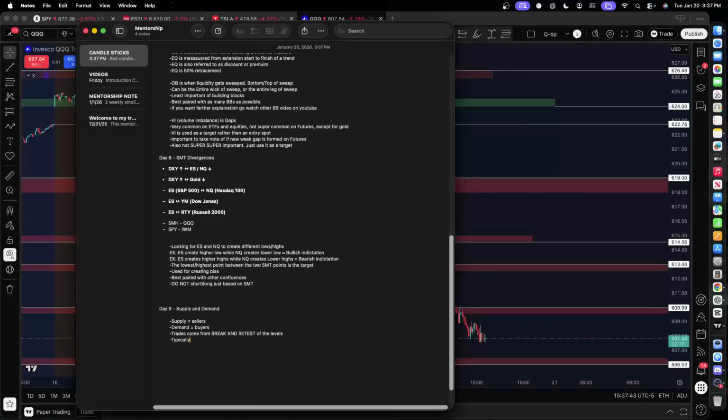Typically, keyword, you will see a retracement leg of a trend form the retest, aka continuation, right? Pretty cool.